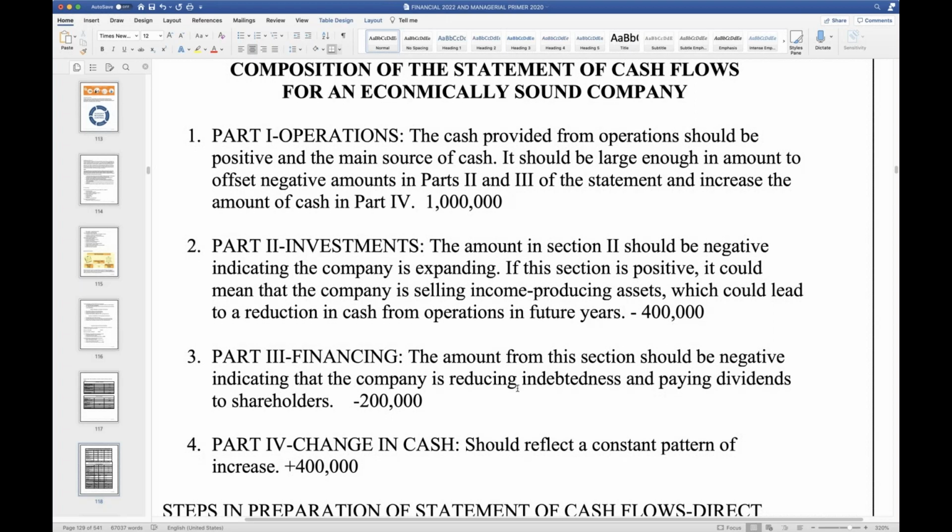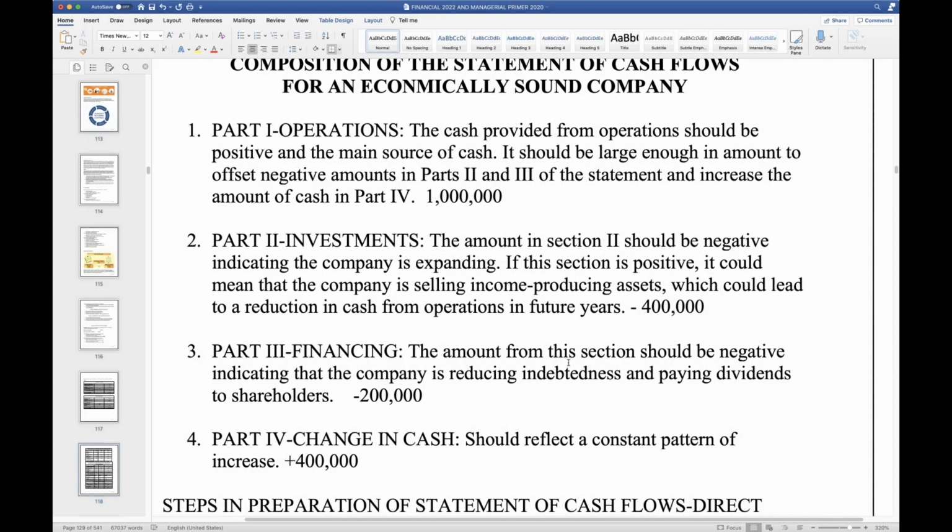Financing involves how the company is financed. The company is financed by the owners contributing cash for stock and by borrowing. And after the company's been in existence for a while, we want to see them paying off indebtedness, just like you personally. Once you start to work, you want to pay off student loans and any other loans you have.